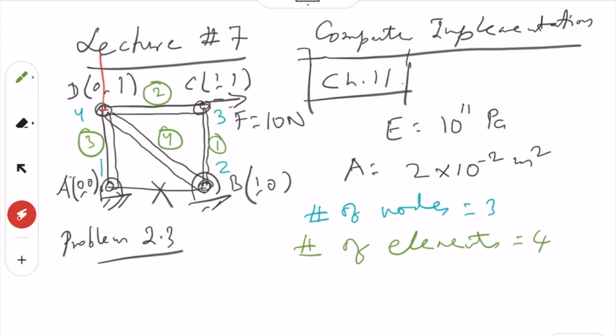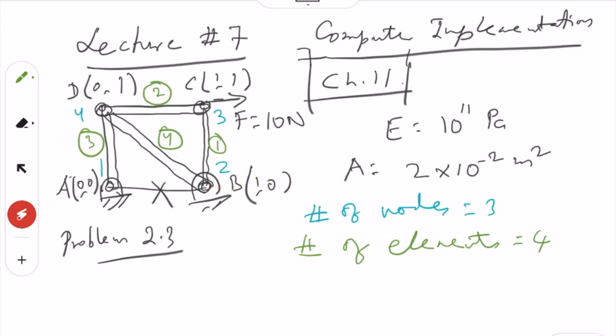This one is 0 degree, this is again 90 degrees, and this one, if this is 1 and this is 1, will be 45 degrees from here to here, 90 degrees, so 135 degrees from the horizontal. Accordingly we have to derive the stiffness matrix.